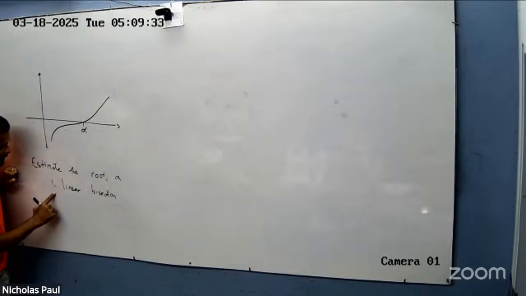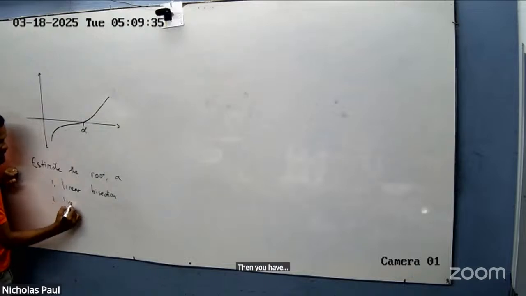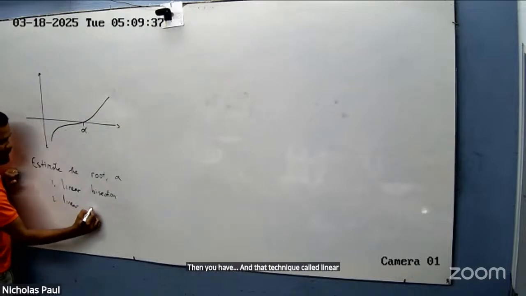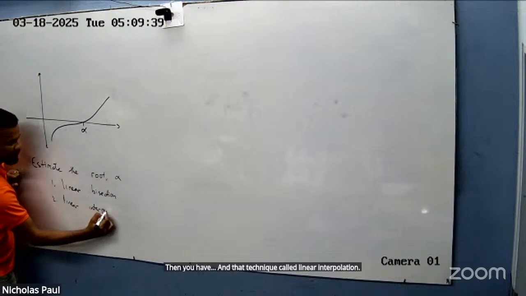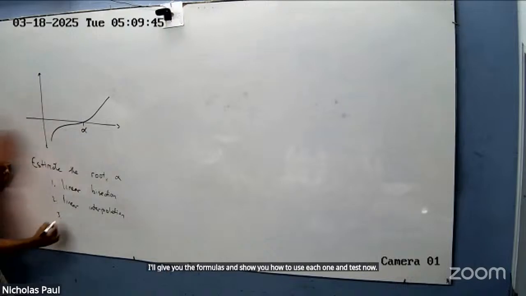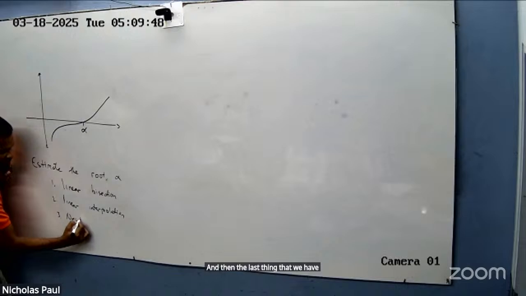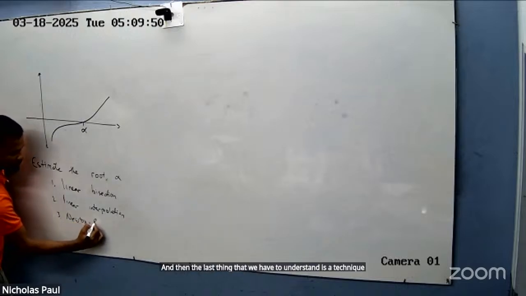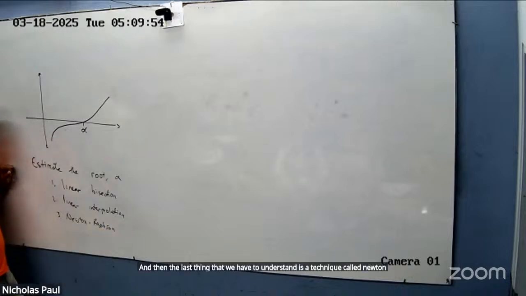Then you have a next technique called linear interpolation. I'll give you the formulas and show you how to use each one of them just now. And then the last thing that we have to understand is a technique called Newton-Raphson.